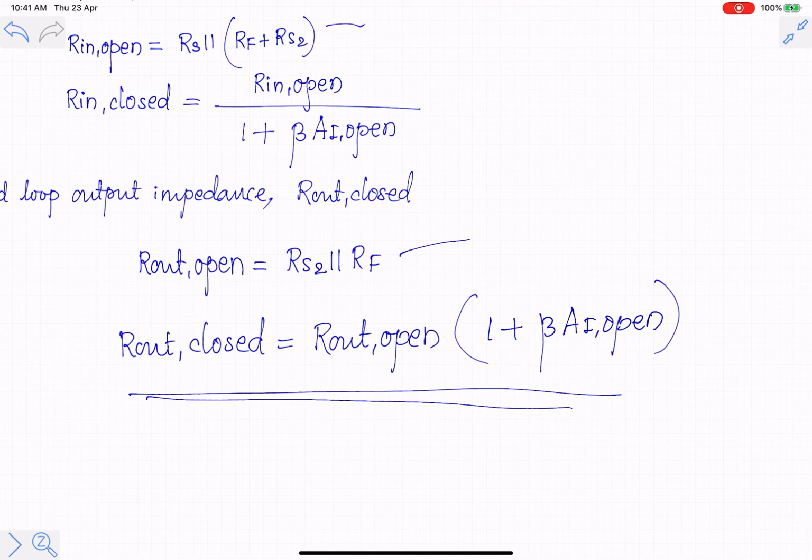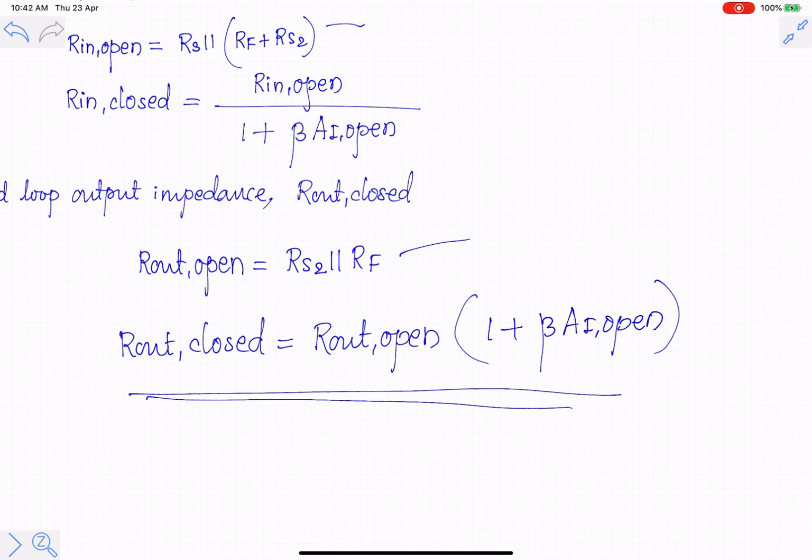So this completes our analysis of 4 types of amplifiers, that is voltage amplifier, transconductance amplifier, transimpedance amplifier, and current amplifier. In both cases, that is the ideal situation where the feedback network doesn't load the feed forward amplifier, and the practical case where there is a loading effect.